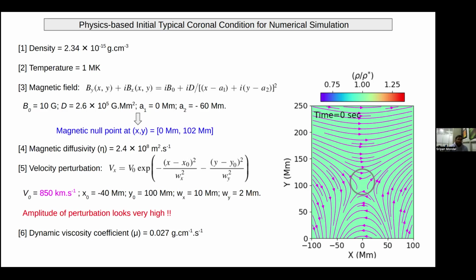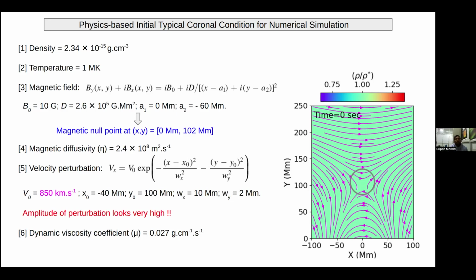So in the presence of uniform density, temperature, and this potential magnetic field, our initial condition basically poses a magnetohydrostatic equilibrium. Since we are trying to understand the magnetic reconnection process, we consider a magnetic diffusivity of 2.4 × 10^8 m² s⁻¹.